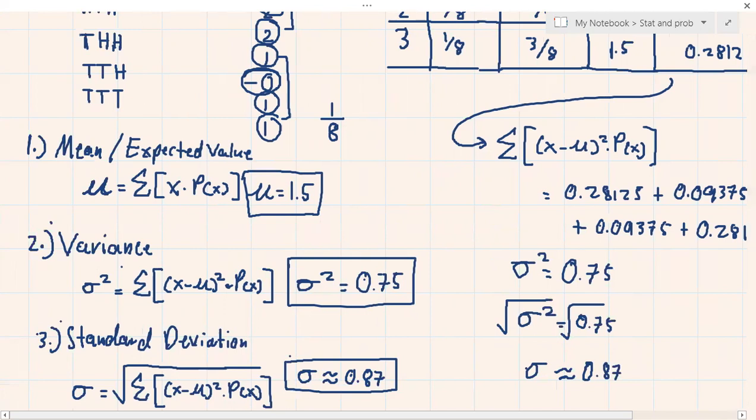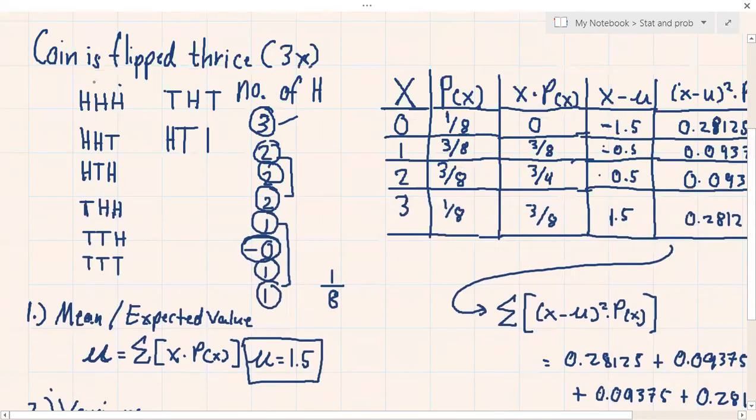O, diba? So yeah, that's basically how you find the mean, variance, and standard deviation sa isang discrete probability na random variable. Alright? So, ang prerequisite nito is that you need to know the basics sa probability. Especially dito yung ginawa natin, yung nagdo-draw tayo ng mga element or letters dito.